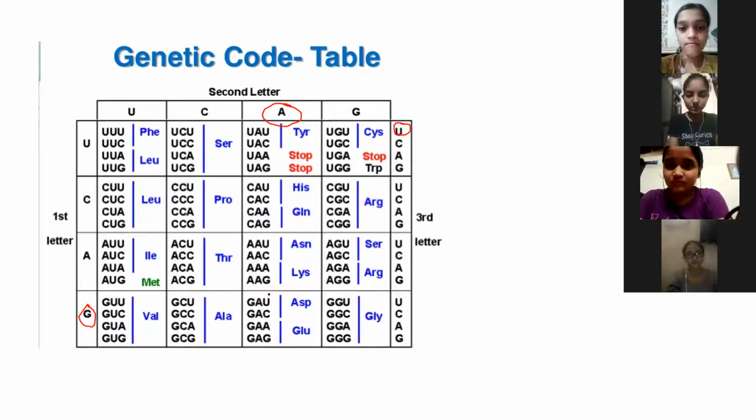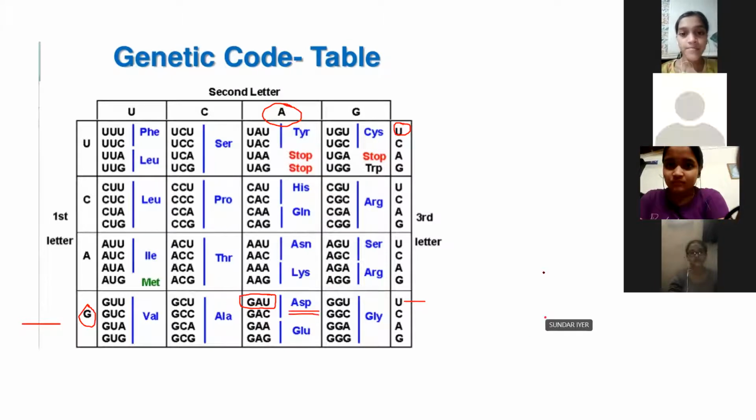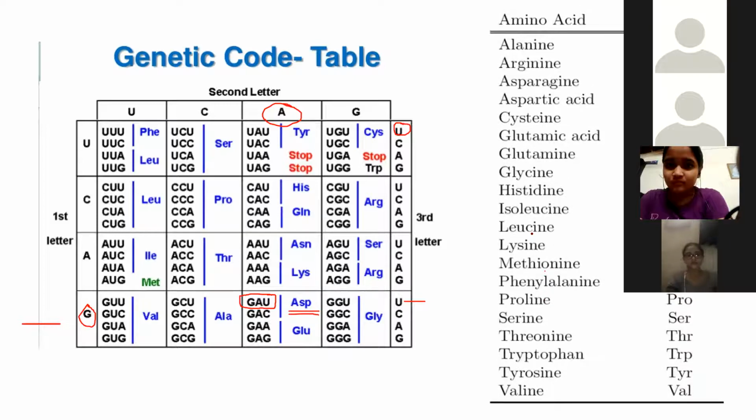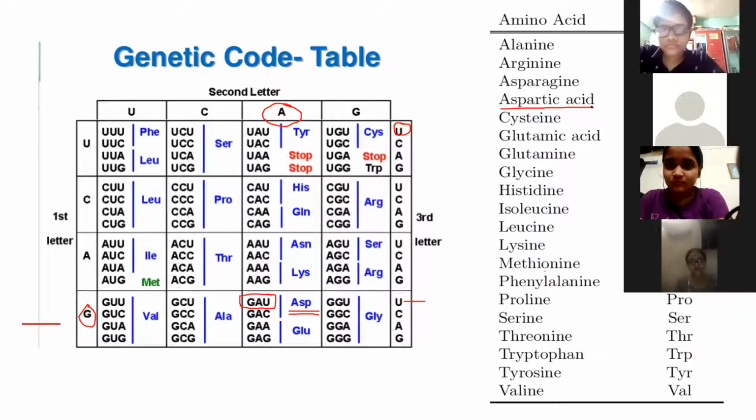See this. Here, no? So this is one random codon, GAU. This one is coding for which amino acid? It is written as ASP. What is the meaning of that? ASP stands for aspartic acid. These are the 20 amino acids.